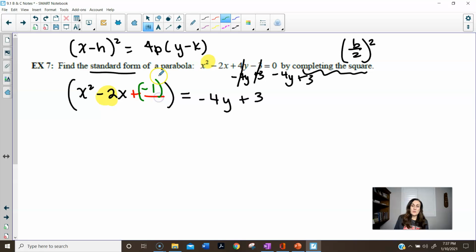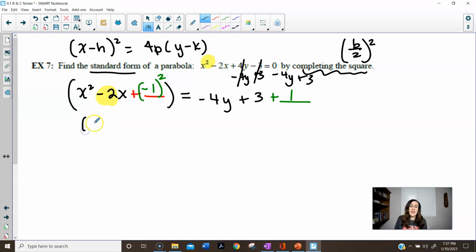You are going to square negative 1. You can put positive 1 there if you want, because negative 1 times negative 1 is positive 1. What you do to the left side of the equation, you do to the right side of the equation, so that everything is balanced. All right, now that it's all balanced, let's go ahead and factor our perfect square trinomial.